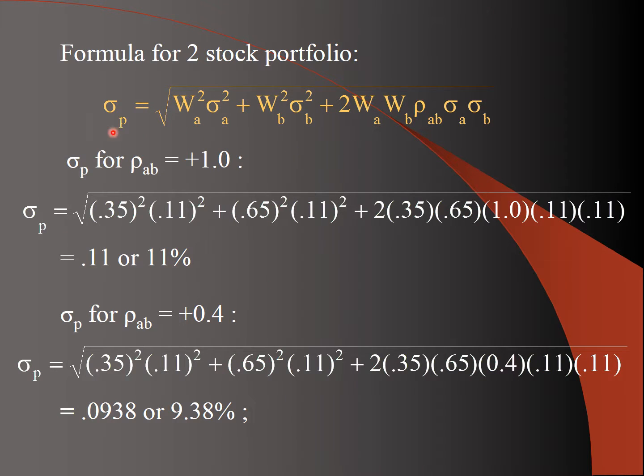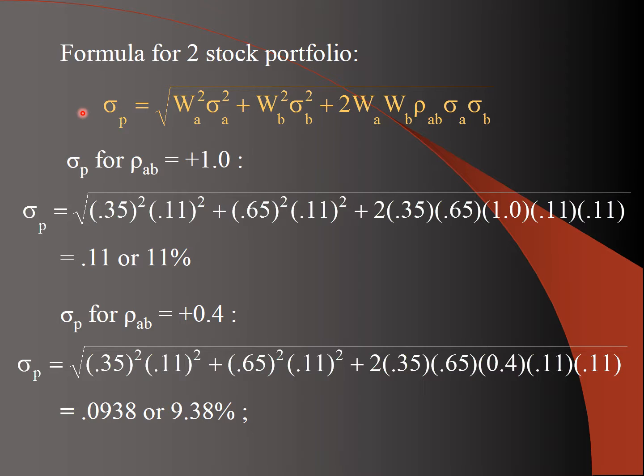This is the standard deviation of a portfolio formula if you have a 2-stock portfolio. And it expands very rapidly if you have 3 stocks and then 4 stocks and so on. So we won't be dealing with anything more than a 2-stock portfolio.